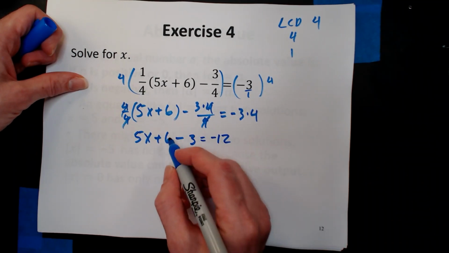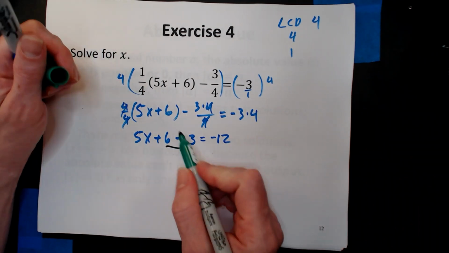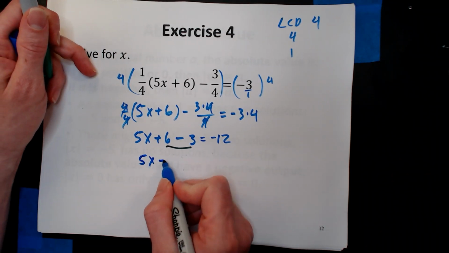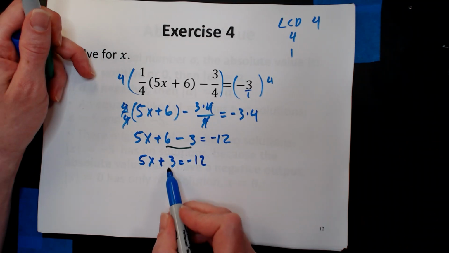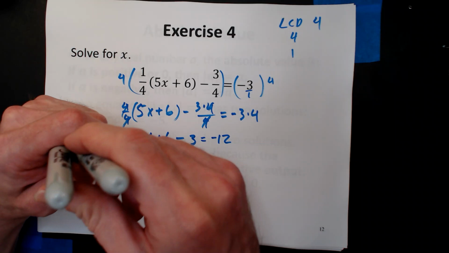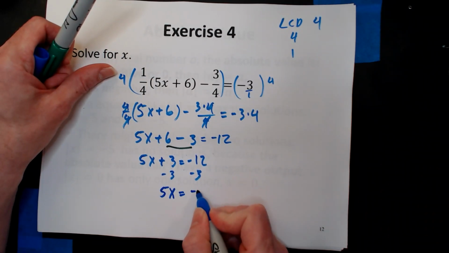I'm going to combine my like terms on this side, and then I'm going to have 5x plus 3 equals negative 12. Then I'm going to subtract 3 from both sides, and that's going to give me 5x equals negative 15.